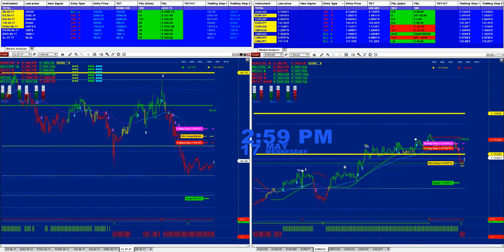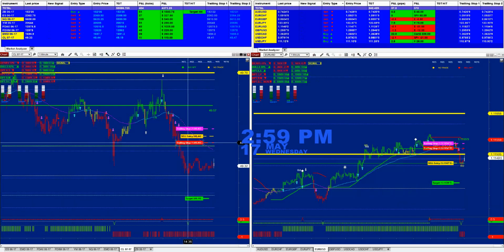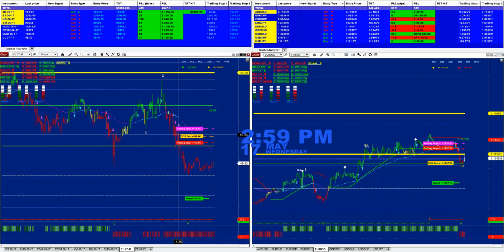But if you want to use the auto trade, you can use one contract, and you can decide to take the trailing stop one. The trailing stop one is a minor resistance, as an example in this condition here, because the market is going down. And then the trailing stop two is your major resistance.